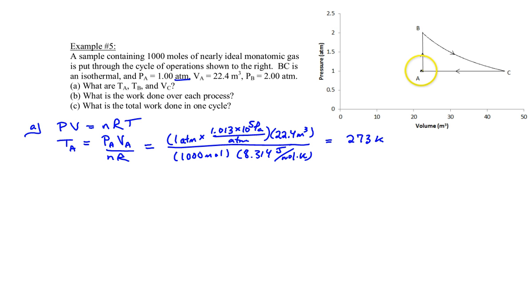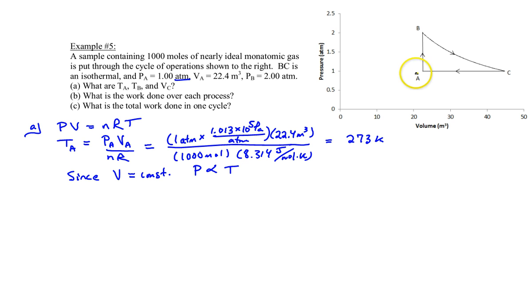And we just started this at STP, standard temperature and pressure. So now moving on to part B, we want to find the temperature at point B. Now you could go back and use the ideal gas law, the same equation we did before, but use pressure B, volume B, and moles and R. Or alternatively, you can say, since the volume is constant, the pressure is directly proportional to the temperature.